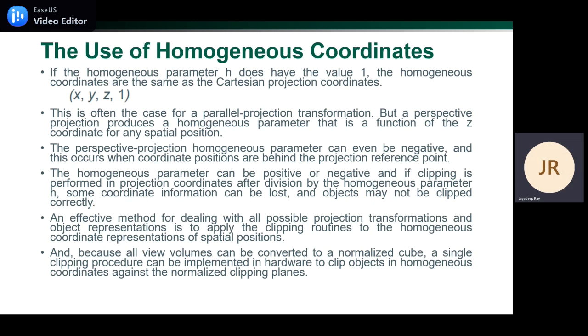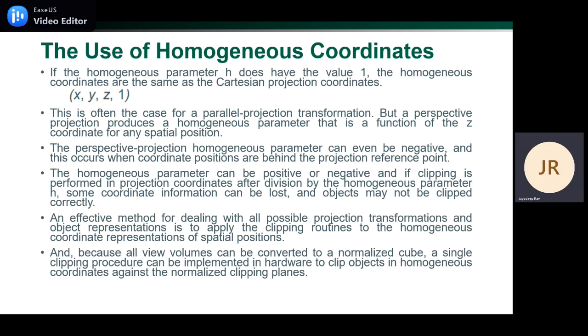And this is the use of homogeneous coordinates. As I stated earlier, homogeneous coordinates have a homogeneous parameter h. If the value of h is 1, then it is the Cartesian projection coordinates. It is also the same for the parallel projection coordinates, but the perspective projection coordinates differ from the parallel projection coordinates in the homogeneous parameter, which is a function of the z coordinate.